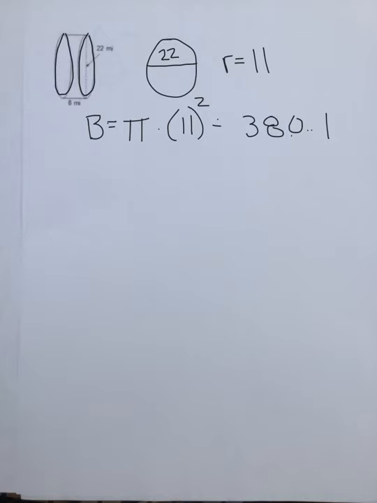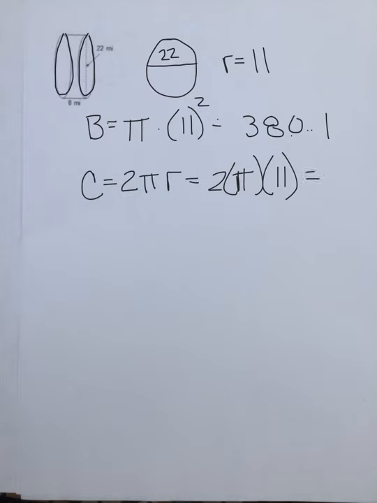And if you think back to the triangular prism, we did perimeter times height. Circumference is the perimeter of a circle. How do we find the circumference of a circle? It's 2 pi r. So all I have to do here is 2 times pi times 11, and I realize that the circumference is 69.1.